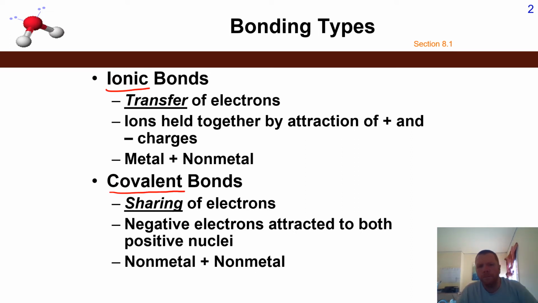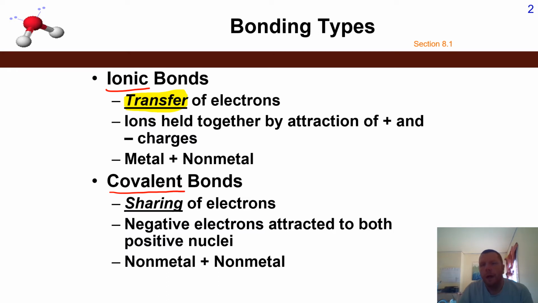Okay, so the difference between these is basically what all of the individual atoms involved in this bond or these bonds are doing with their designated electrons. So if we look at an ionic bond, we're dealing with a transfer of electrons.